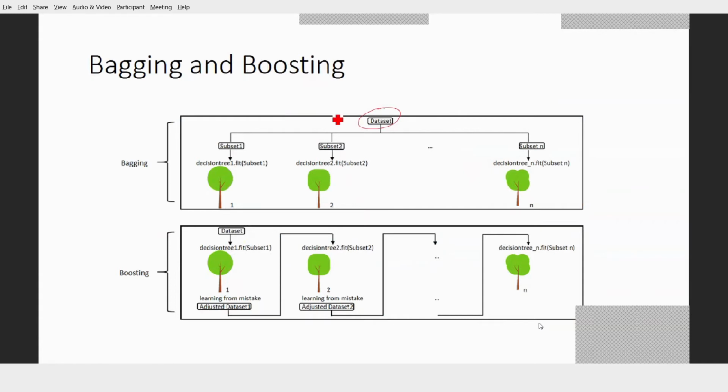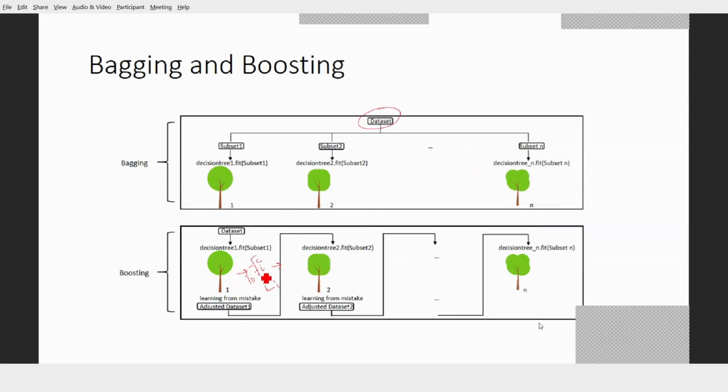Suppose this model has been given 10 instances as input. It gave a correct answer for this, incorrect for this, correct for this, incorrect for this, incorrect for this. So what it is saying to the next model is: please pay attention to these incorrect classifications because I'm not able to handle them, so you please pay more attention to this.